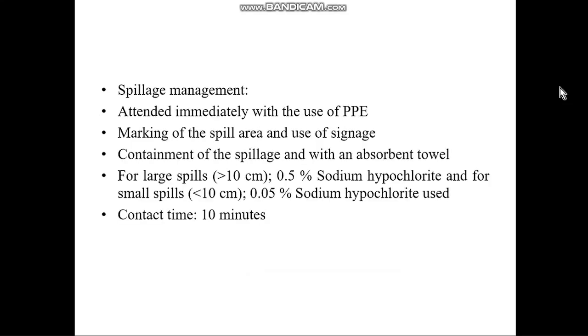Next is spill management. It should be attended to immediately with the use of proper PPE. Marking of the spill area and use of signage is very necessary. Containment of spillage with an absorbent towel is the first action that we take. For large spills that are more than 10 centimeters, 0.5% sodium hypochlorite is used, and for small spills that are less than 10 centimeters in approximate diameter, 0.05% sodium hypochlorite is used.